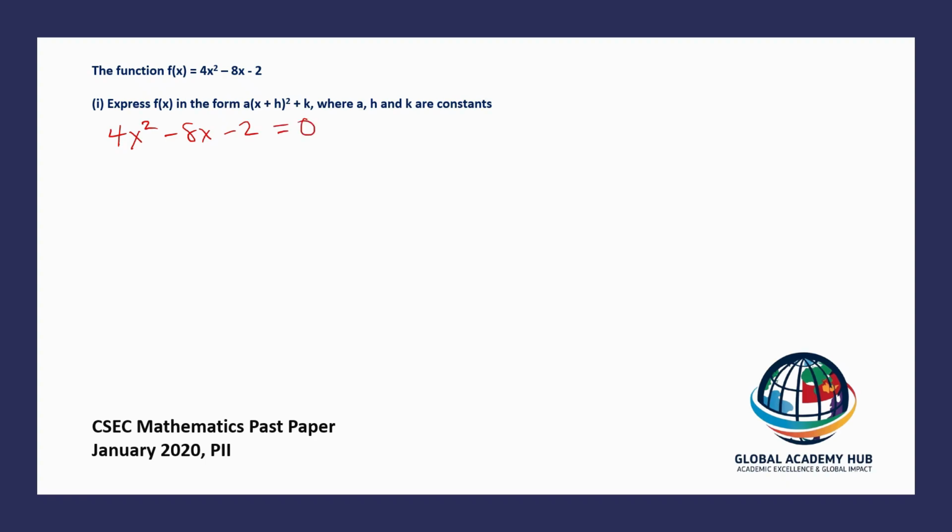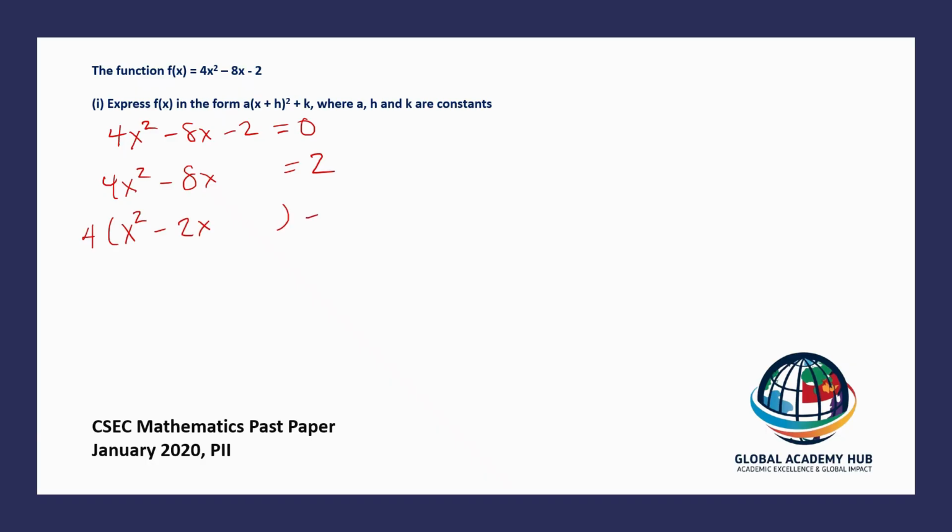So I'm going to take over this minus 2. So I'm going to have 4x² − 8x is equal to a positive 2. So I took the minus 2 over to the right hand side. And then I'm going to factor out a 4. So I have 4(x² − 2x), and I'm going to leave a little space there to complete the square.